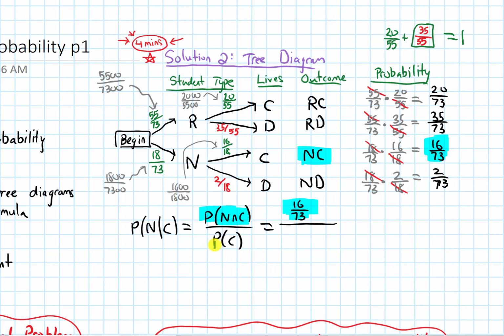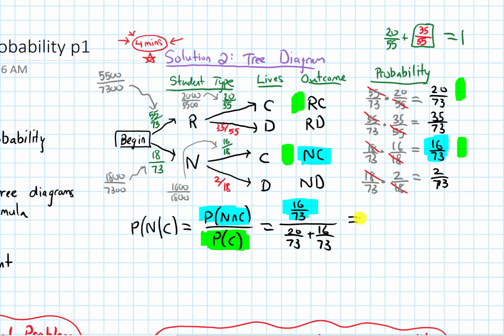And for the denominator, it's the probability that C occurs. C occurs in two outcomes. It occurs in this outcome, 20 over 73 probability, as well as this outcome, which is 16 over 73 probability. So we got to add those probabilities: 20 over 73 plus 16 over 73.